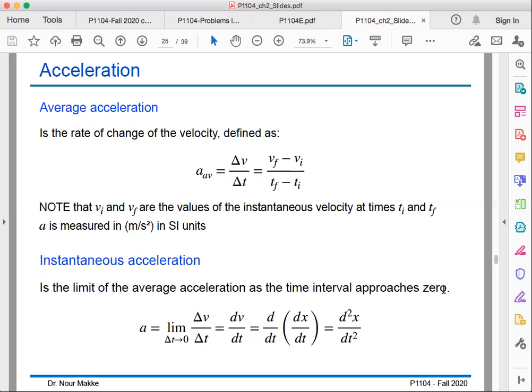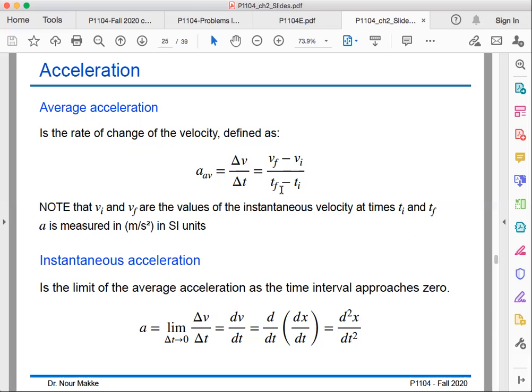Now, if we're talking about average acceleration, that means we are looking at a given time interval. And this is why the average acceleration is defined as the ratio between delta v and delta t. So how much the velocity is changing during a given time interval delta t. So it's v final minus v initial divided by t final minus t initial.